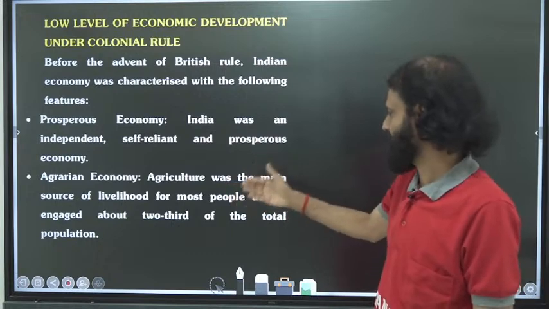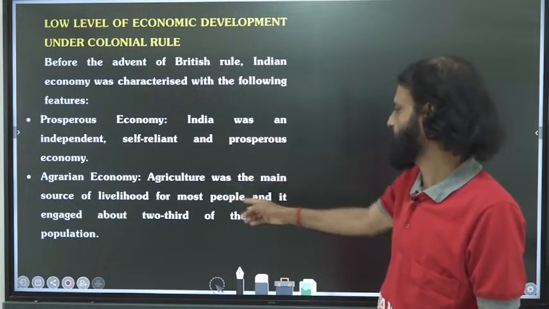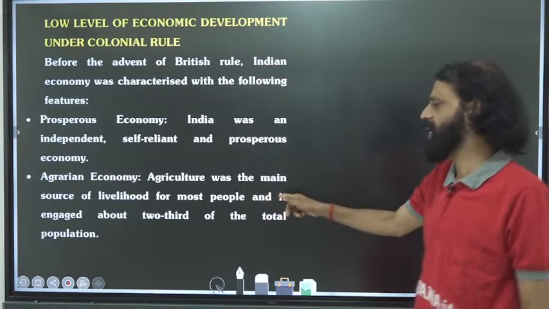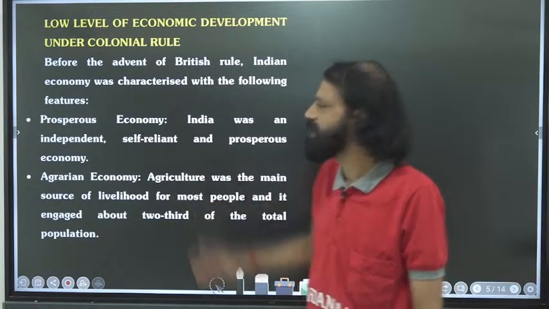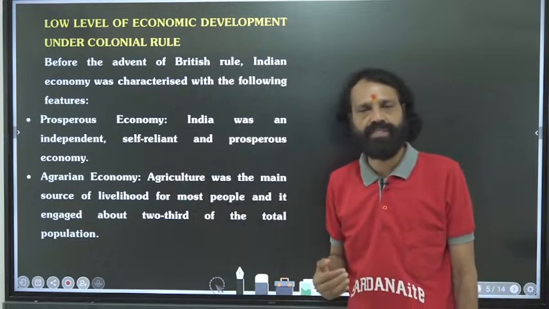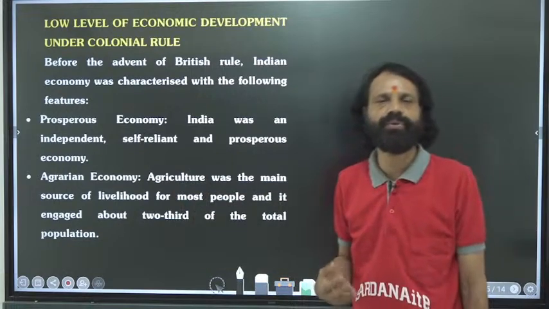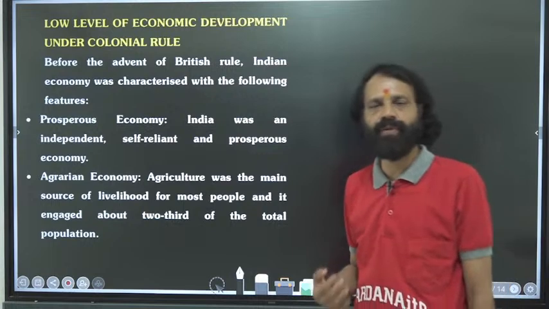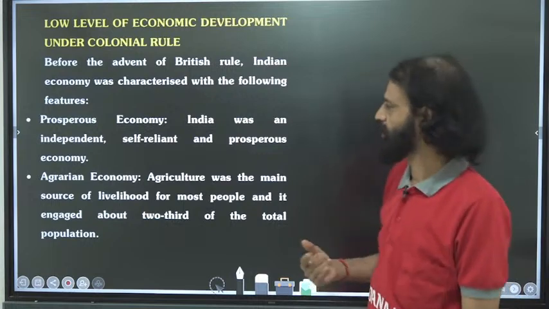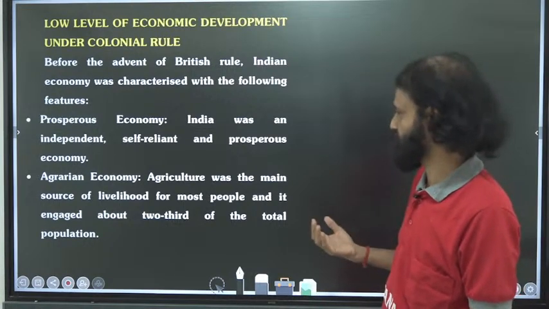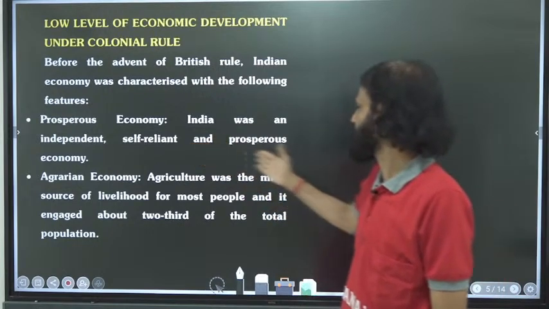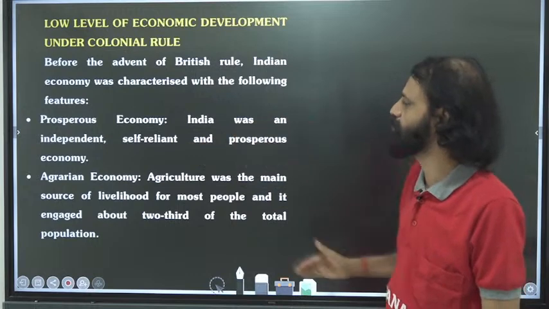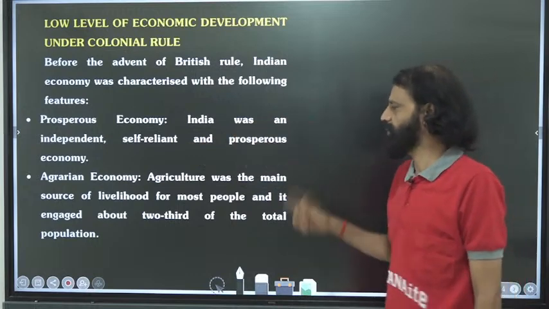Agrarian economy: agriculture was the main source of livelihood for most people, and it engaged about 2/3 of the total population. Before the Britishers' arrival, the Indian economy was doing good and its GDP level was very high. In every field India was prosperous.